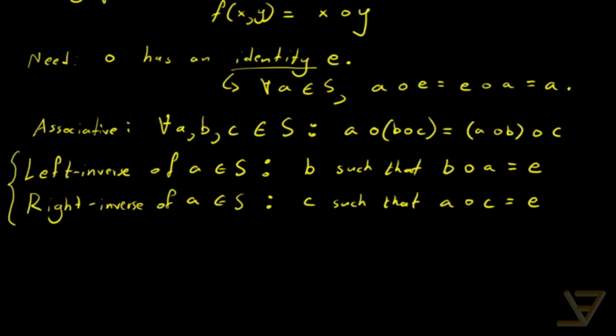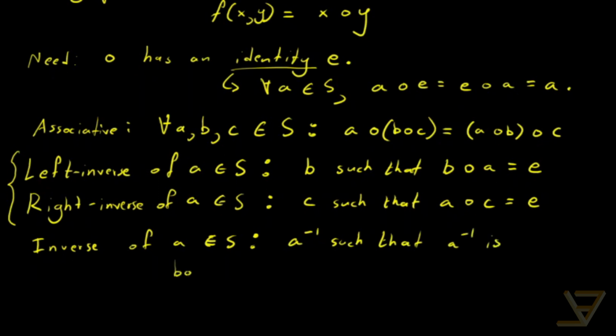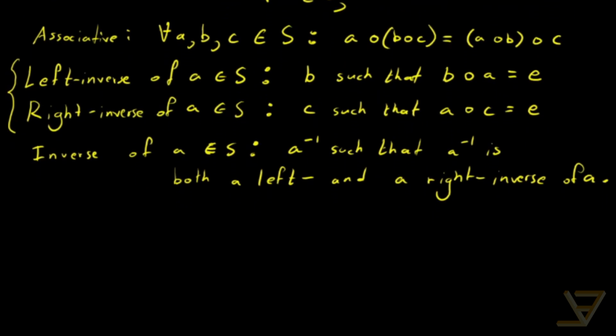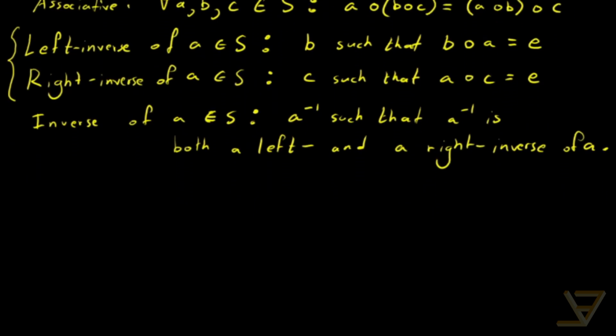So we've got these two kinds of inverses, and what we really want are general inverses of A in S. This is an element A inverse such that A inverse is both a left and a right inverse of A. This should be pretty reminiscent of inverses of functions, because there we also have left inverses and right inverses.